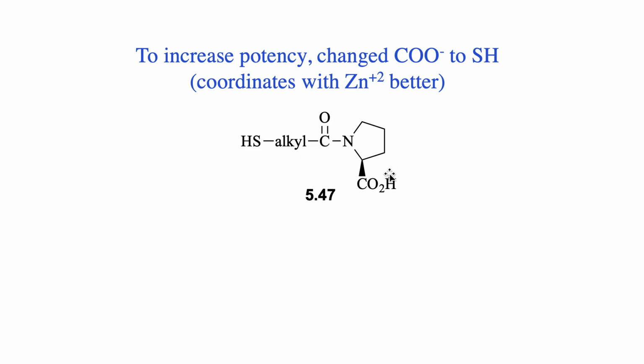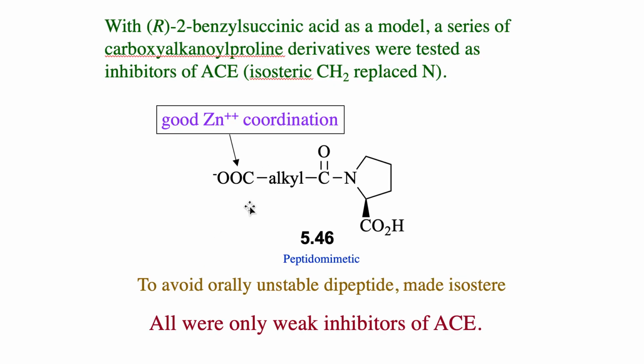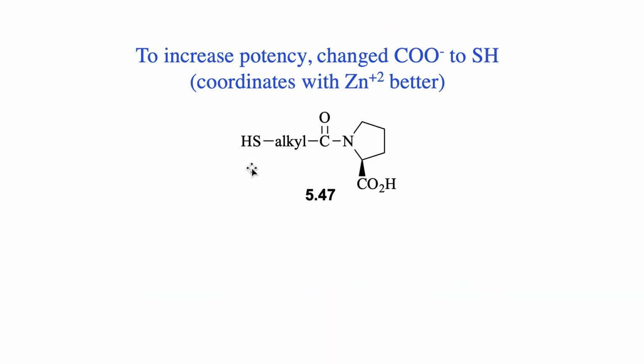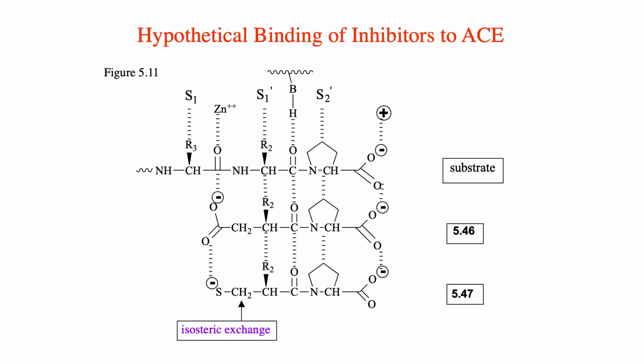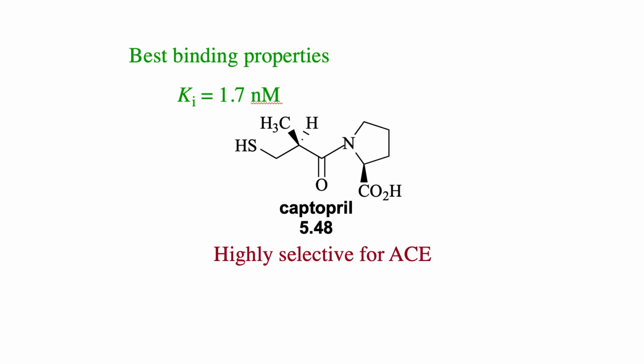So they got rid of this carboxylic acid and made it something that was going to coordinate to zinc better. They had this guy, which coordinates zinc pretty well. They changed it to this guy, an awesome zinc coordinator, and now they're finally able to start to get good inhibitors. This is what they came up with finally.